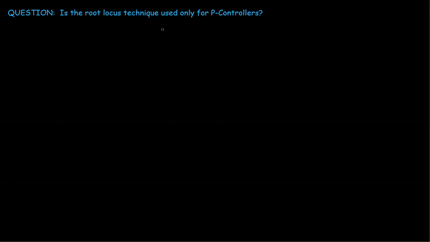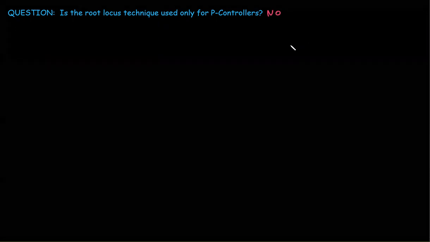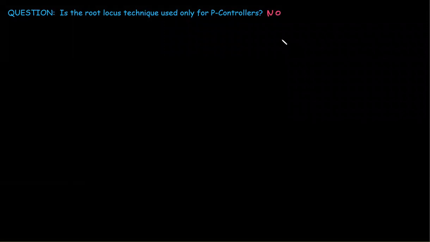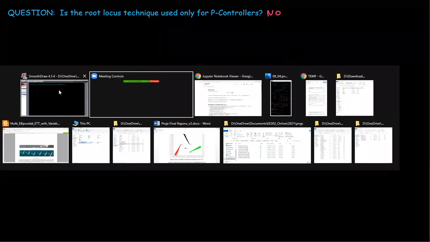Is this the only controller for which we can use the root locus technique? I should say the answer is no. You can use it for different problems as well. And the reason is the definition that I use on my webpage for the root locus.